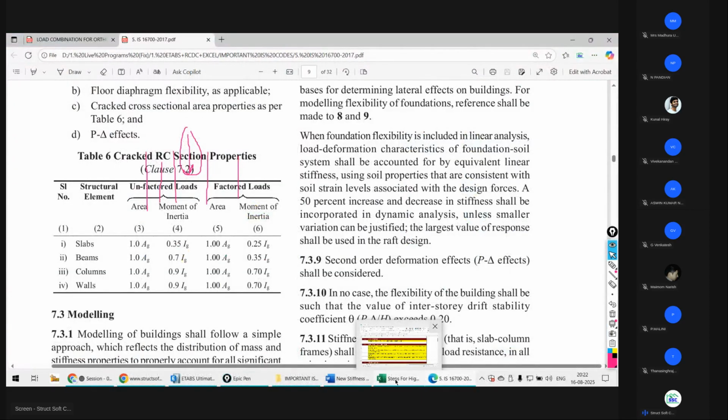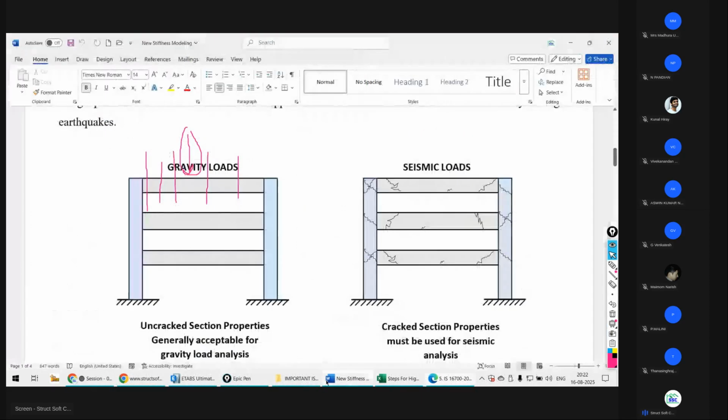Getting my point? That is nothing but your uncracked condition.